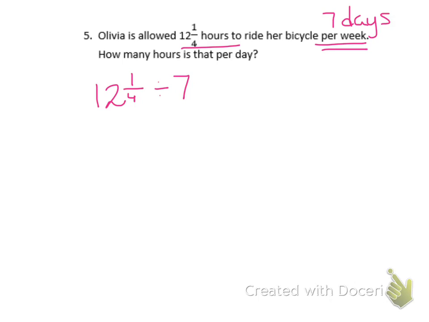Alright, so first I need to change this to an improper fraction. So 4 times 12 is 48. 48 plus 1 is 49. So 49 over 4 divided by 7 would be written as 7 over 1. I'm dividing fractions, so I'm going to keep, change, flip.